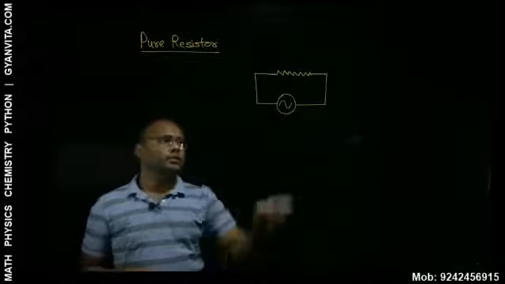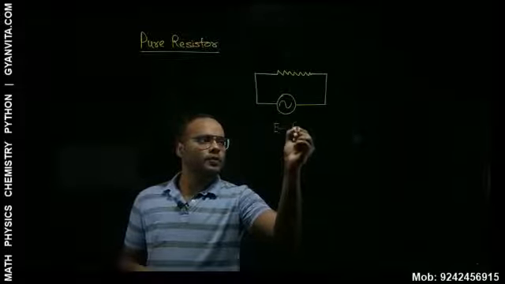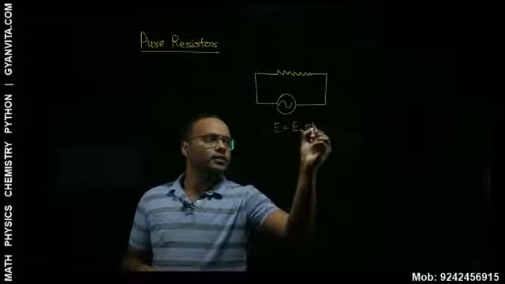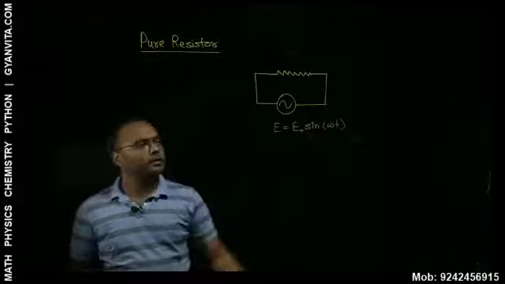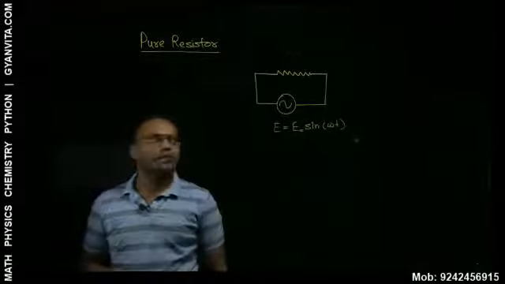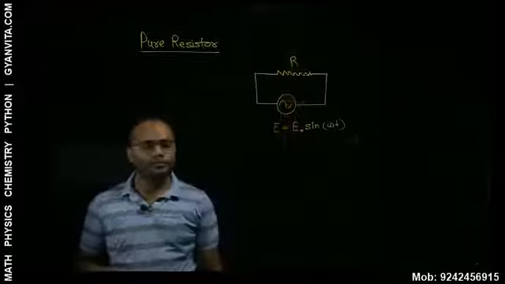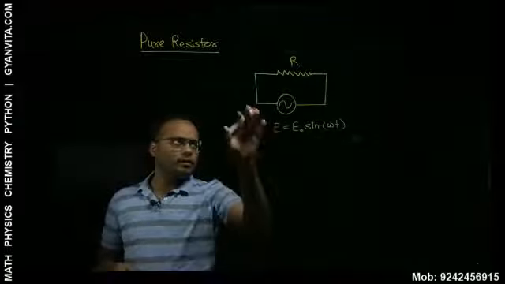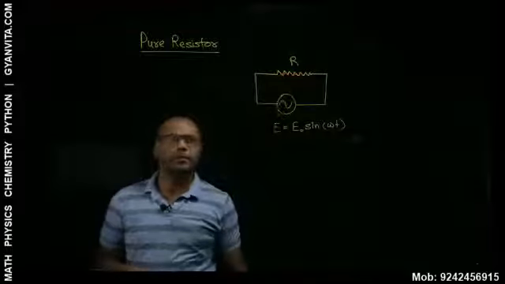Suppose this supply has an EMF E, which equals E naught sine omega t. This is something which we have already seen yesterday, right? This is the resistance R. Okay, this is a pure resistor AC circuit, right?